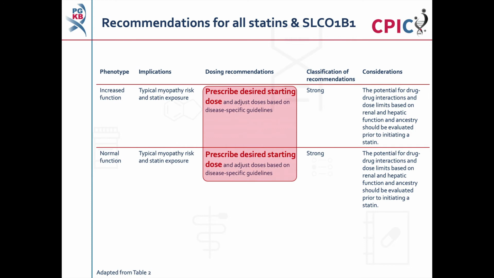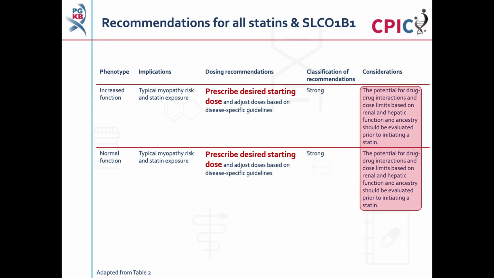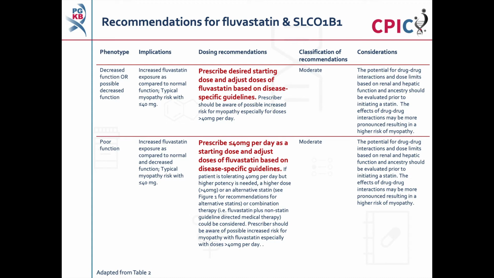These patients can be prescribed the desired starting dose of statin. This is a strong recommendation. The potential for drug-drug interactions and the effects of renal function, hepatic function, and ancestry should also be considered when prescribing statin.